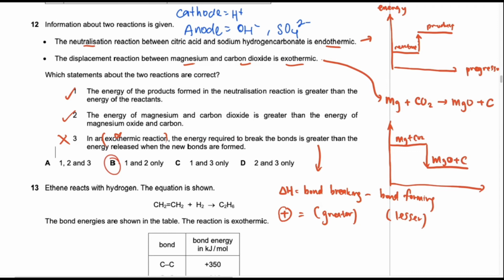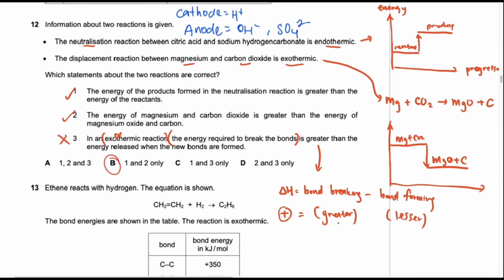The energy required to break the bond, this one, is greater than the energy released when the new bonds are formed. That means this is greater compared to this.